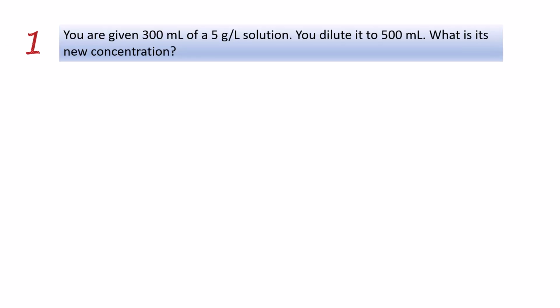Practice problem 1. You are given 300 milliliters of a 5 gram per liter solution. You dilute it to 500 milliliters. What is its new concentration? Pause the video. On paper, solve the problem using the 10-step technique. Now check your answer.